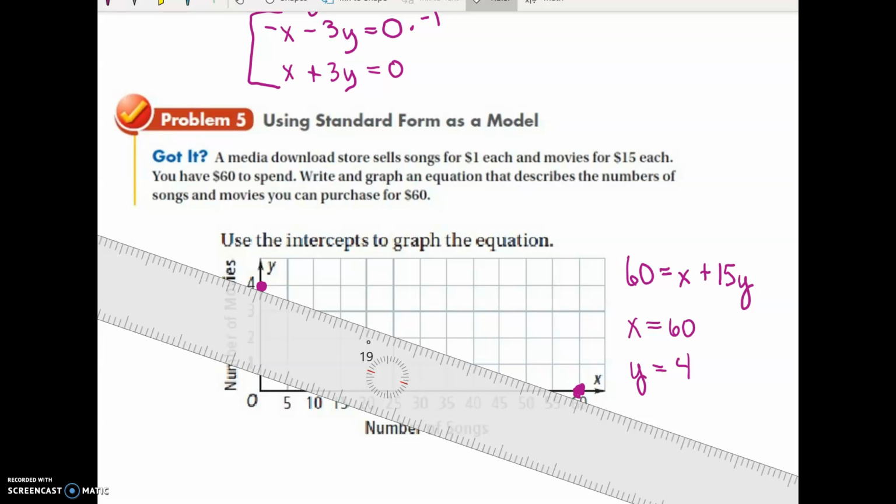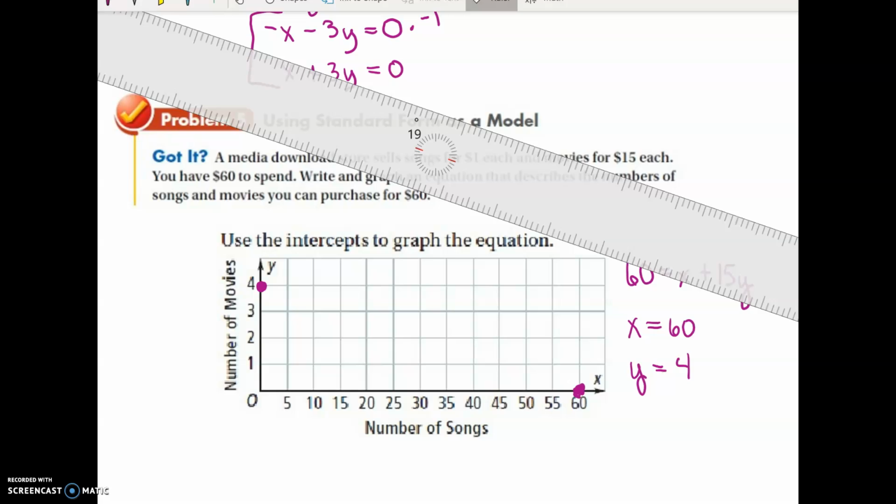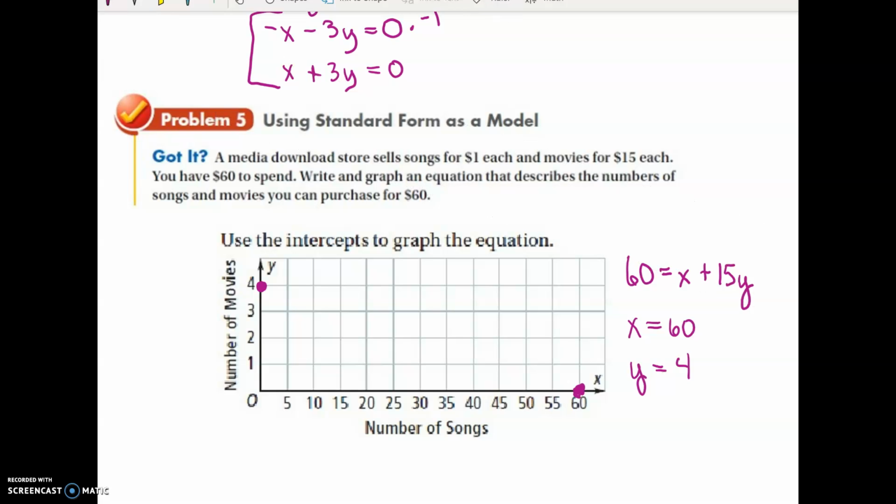So obviously, not every point on the line here on the graph would work. I mean, you're not going to be able to buy half a song or half a movie. So that kind of presents an issue. So I think instead of connecting those, I would try to think, well, what combinations would make sense?